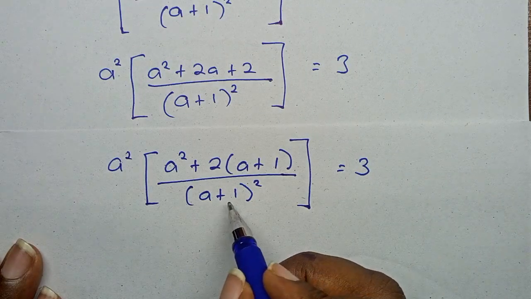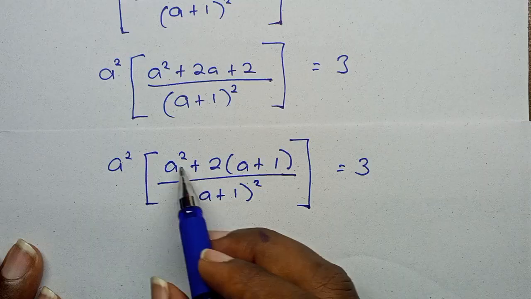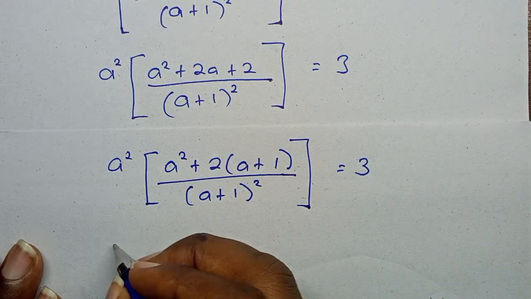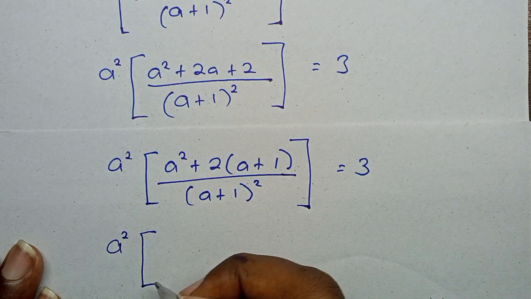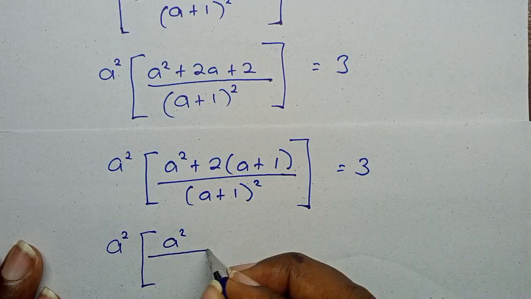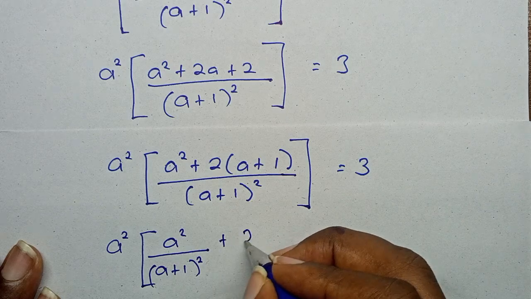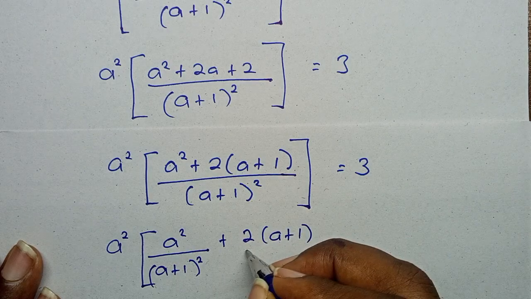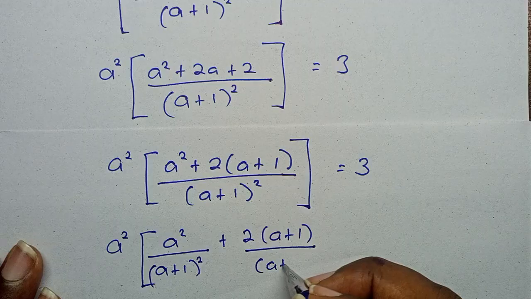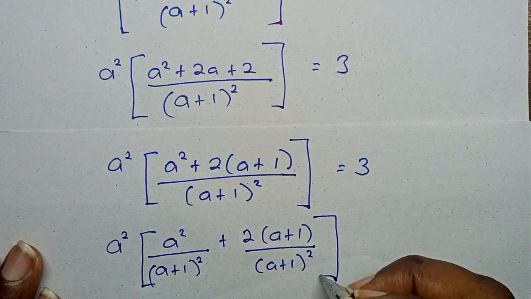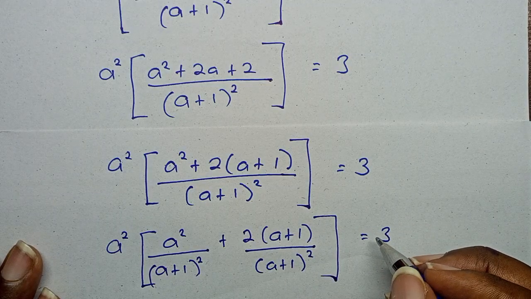So let us distribute this amongst this and this. We shall have a squared into a squared over a plus 1 squared plus 2 into a plus 1 over a plus 1 squared. This is equal to 3.